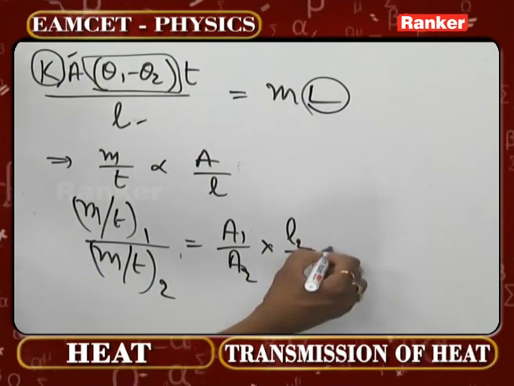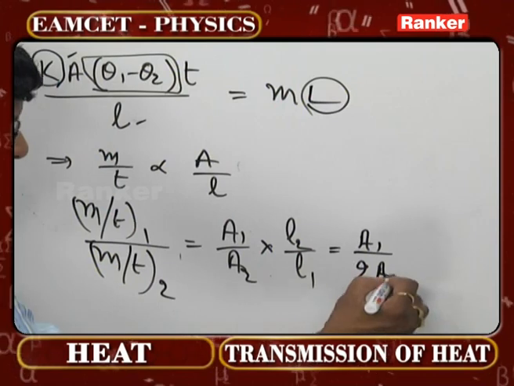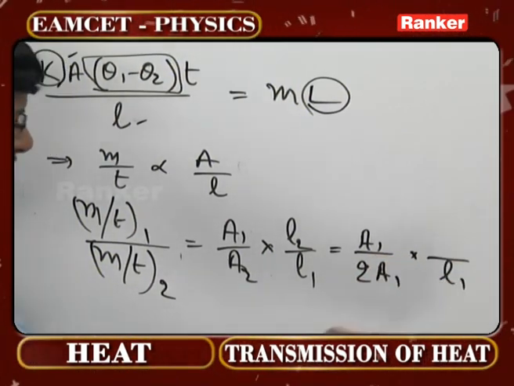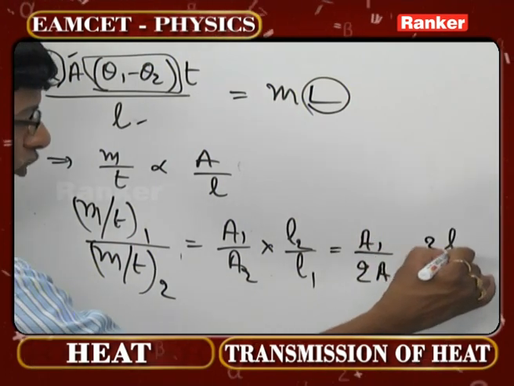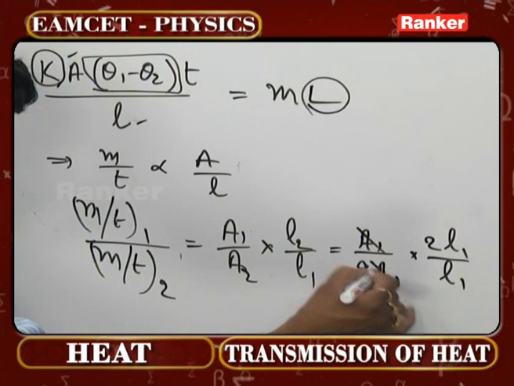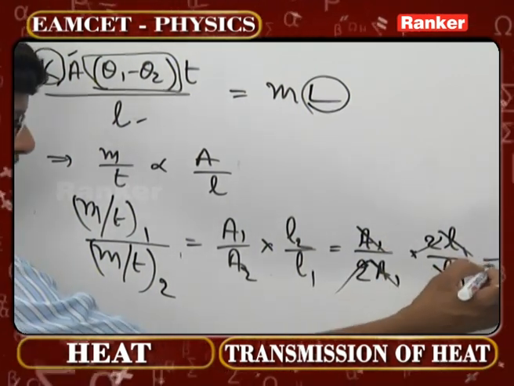A2 is twice that of the first, and L2 is 2 times the value of L1. So A1 gets cancelled, L1 gets cancelled, 2 gets cancelled. What is now left over?